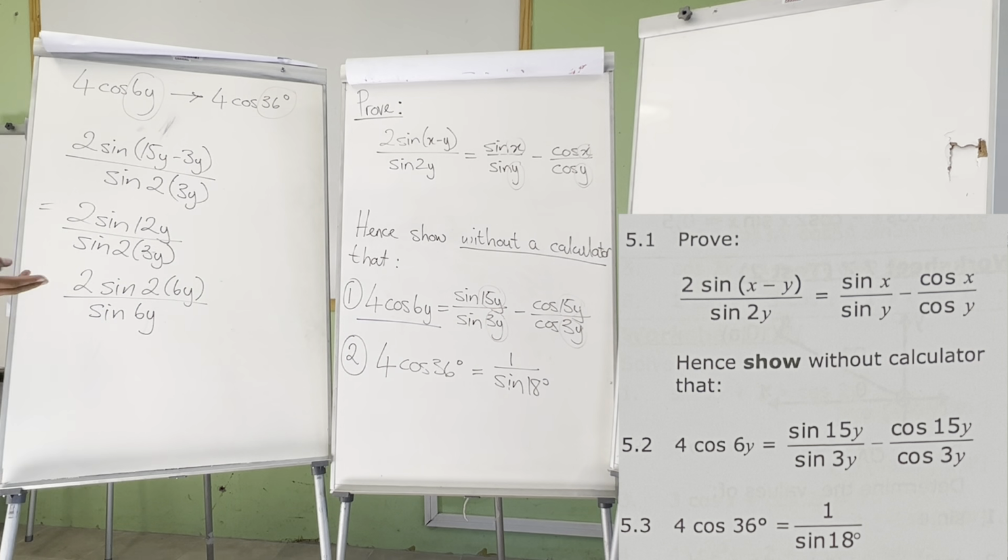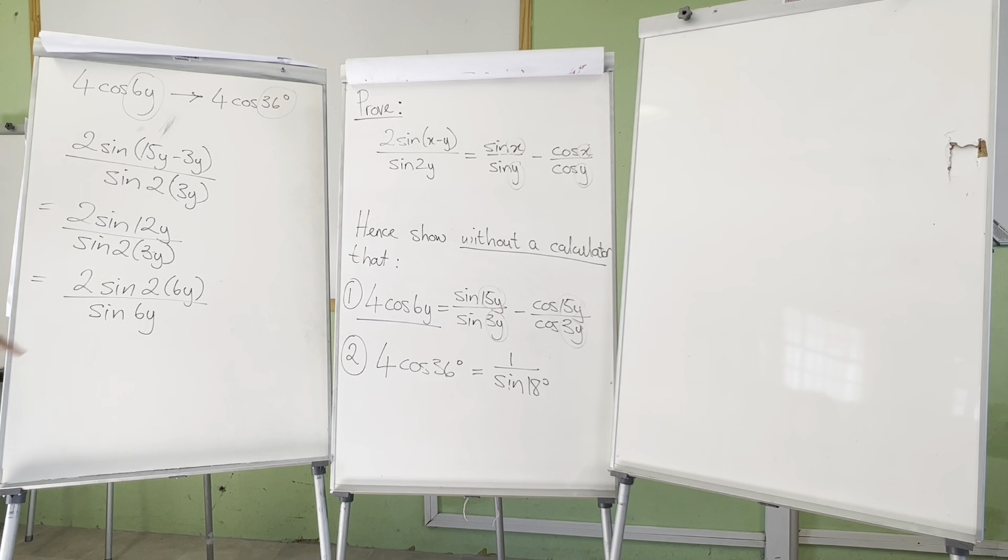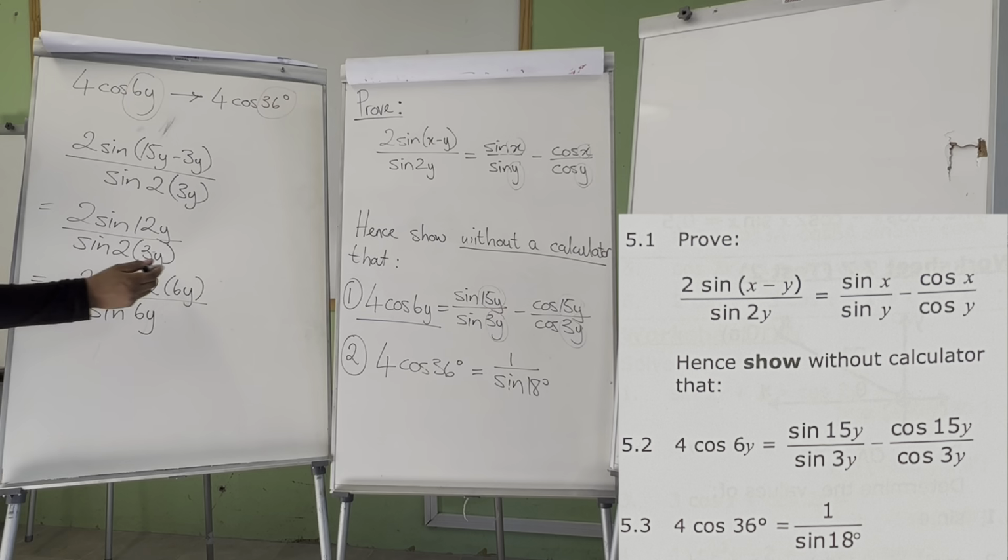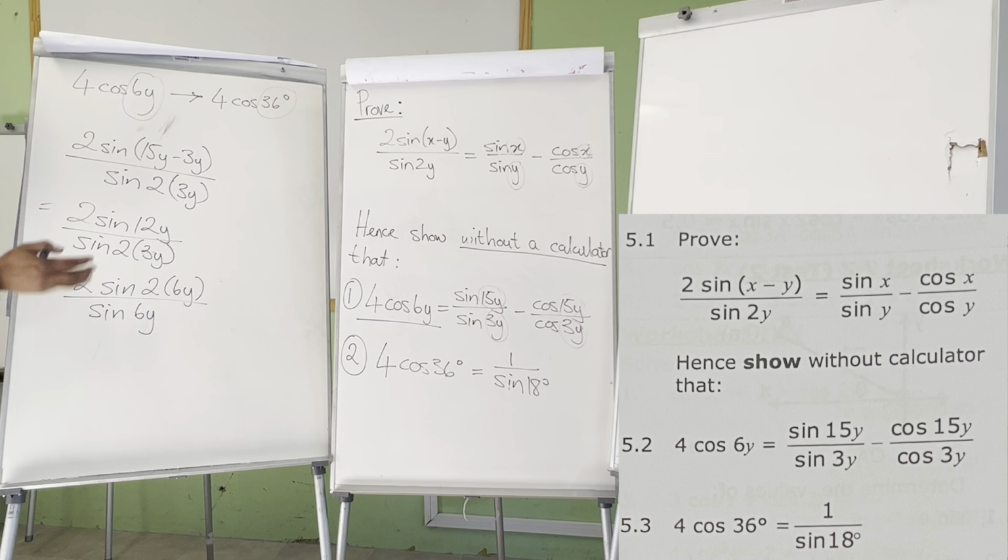Sine of 12y is sine of 2 times 6y. Didn't we? This is what we derived from the previous one, and we understand how we got here.